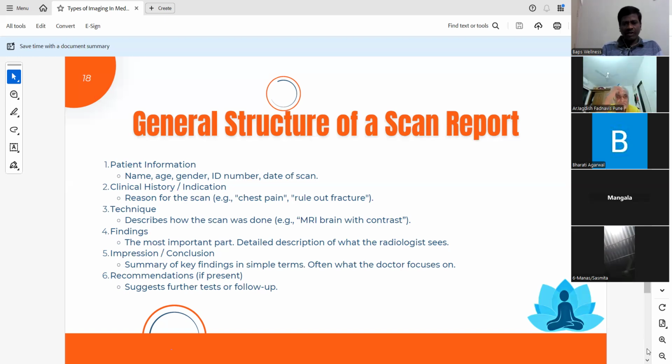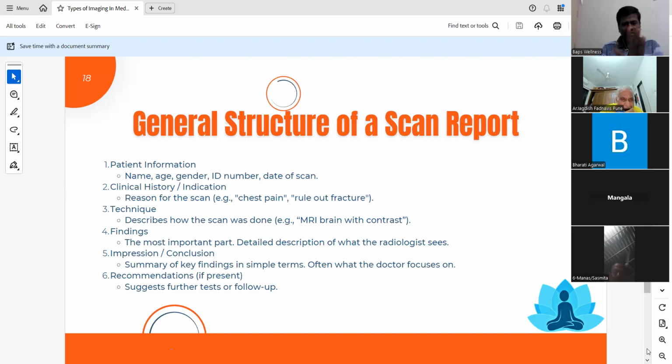In case of MRI, with contrast, without contrast. And the findings. That is the important one. A detailed description of what the doctor or the radiologist sees there. That is very important.